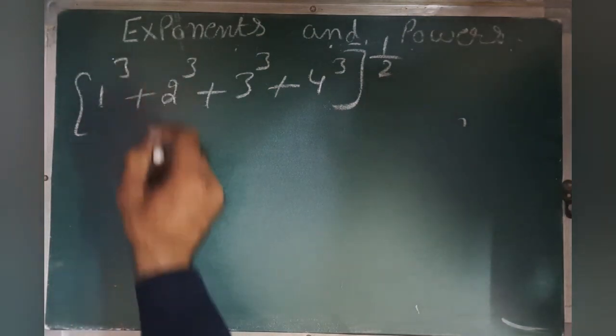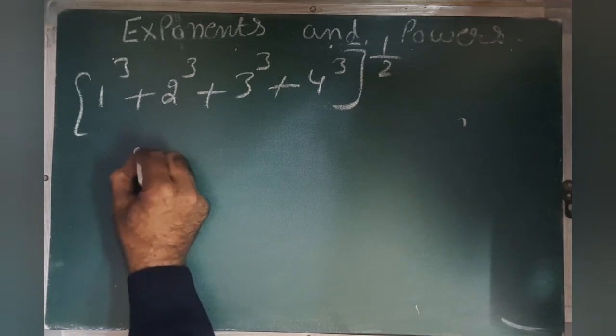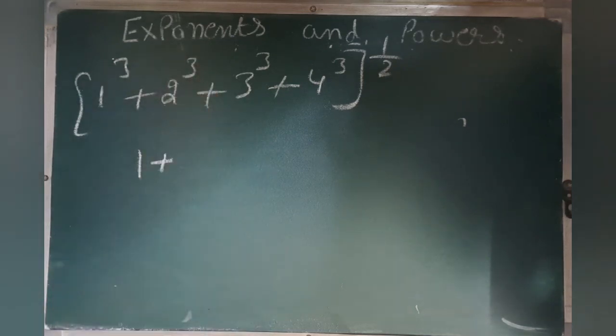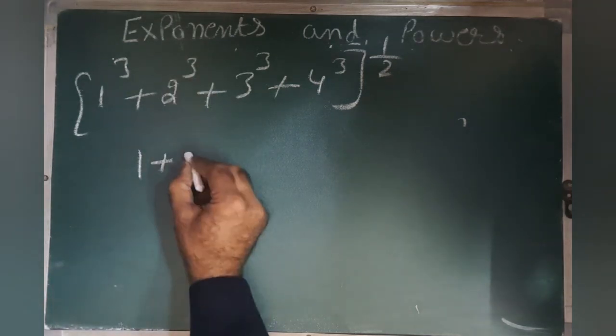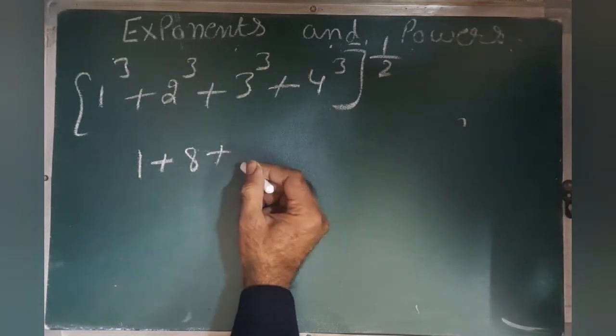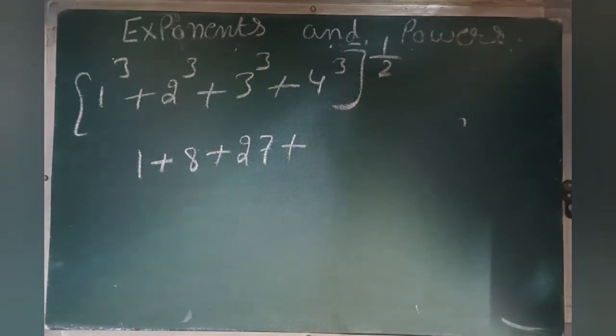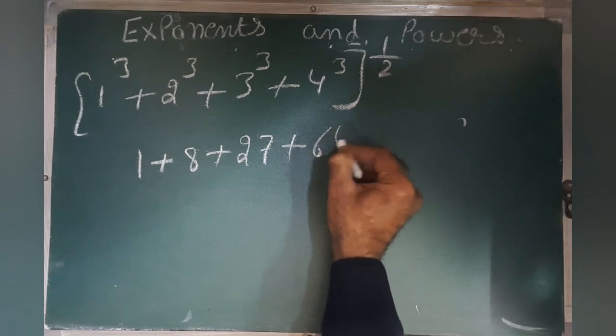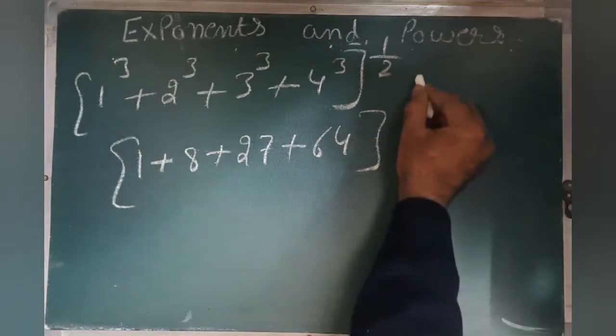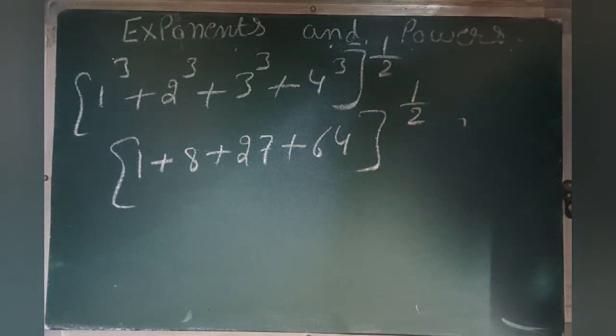In this 1 power 3, that means 1 into 1 into 1, 1. Plus 2 power 3, 2 into 2 into 2, 8. 3 power 3, 27. 4 power 3, that means 64. And whole power is 1 by 2.